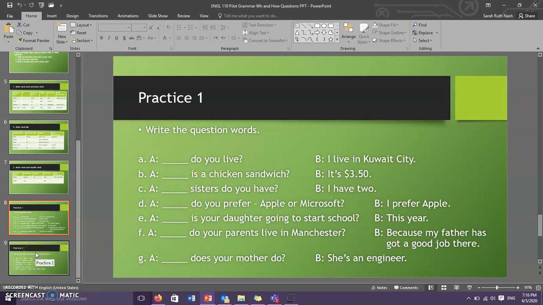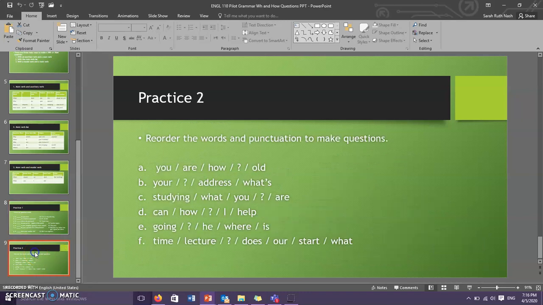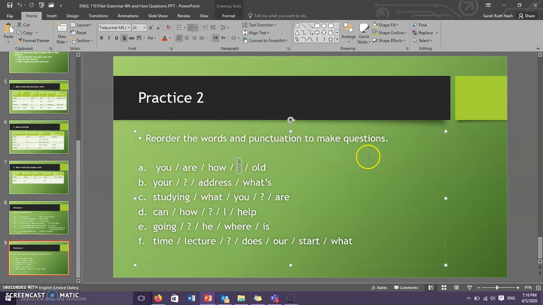And then for practice number 2, you're reordering the words and the punctuation to make questions. Right? And remember, this question mark is going to go at the end, because we always put our full stops or our question marks at the end of the sentence. Here we put our question mark at the end of the question.